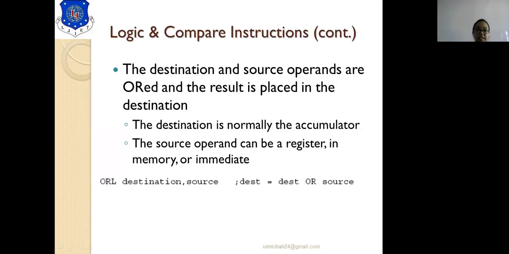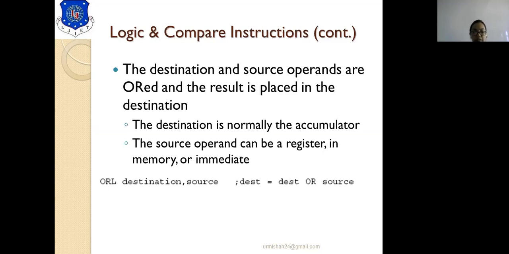Now let's see the next instruction, which is the OR instruction. The OR instruction will perform the plus operation, A plus B. It will place the result in the destination register. OR operation: 0 plus 0 is 0, 1 plus 0 is 1, 0 plus 1 is 1, 1 plus 1 is 1.